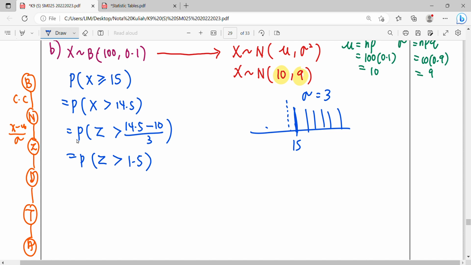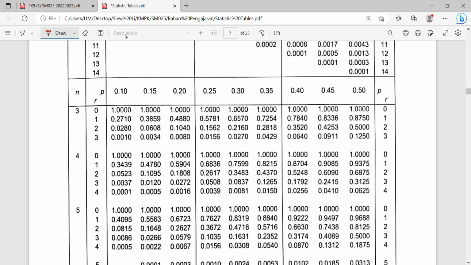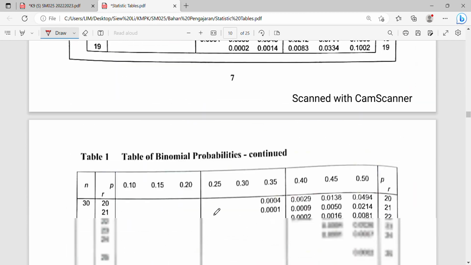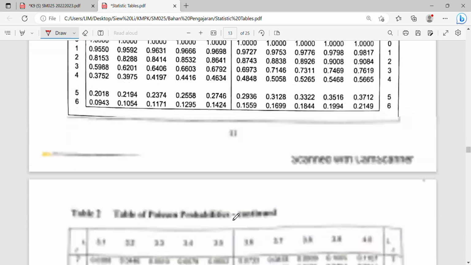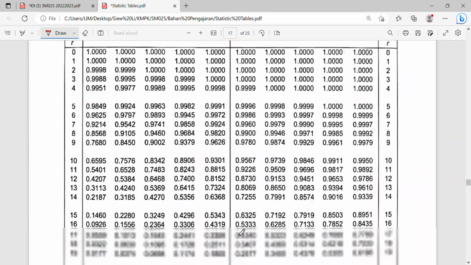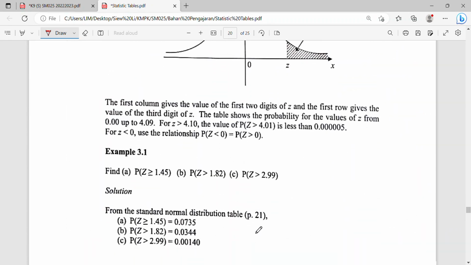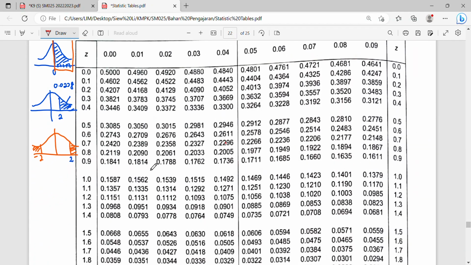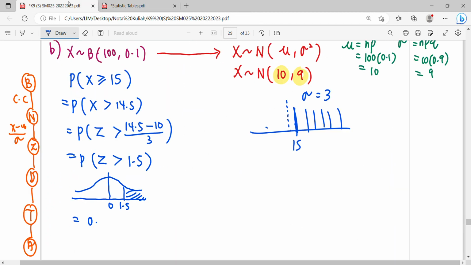Then we can draw the graph, the standard normal graph, at 1.5. Very obvious, we just read directly. So we go back to the normal table and read z-score 1.5. Okay, normal, z-score 1.5: 0.0668. So we have the answer.